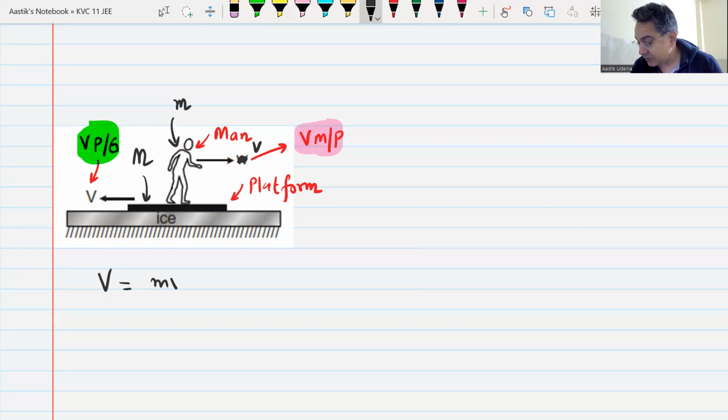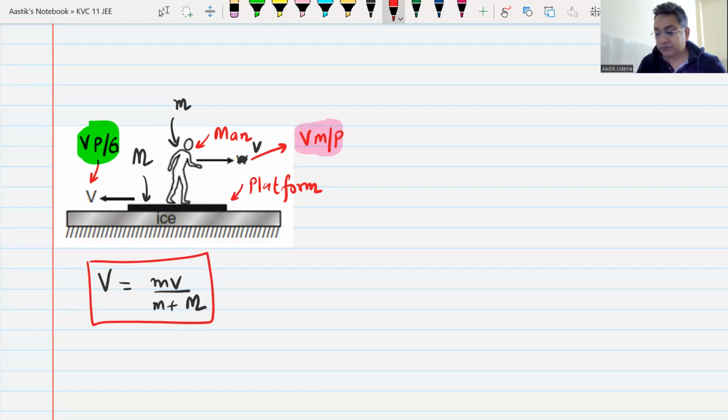It will be m into v upon m plus capital M. This is exactly the same as the case of a bullet leaving the gun, where v is the muzzle velocity of the bullet. Muzzle velocity, velocity of bullet with respect to gun, velocity of man with respect to the platform. Do we understand this?